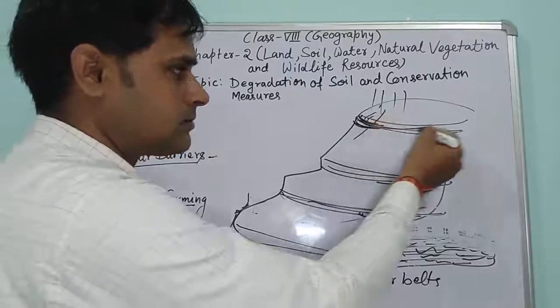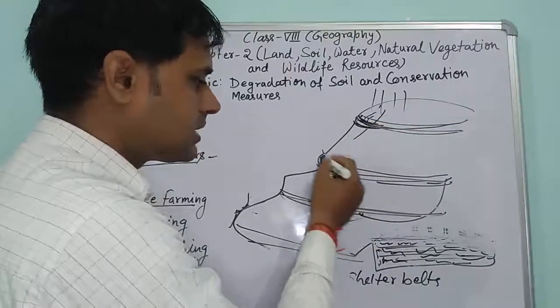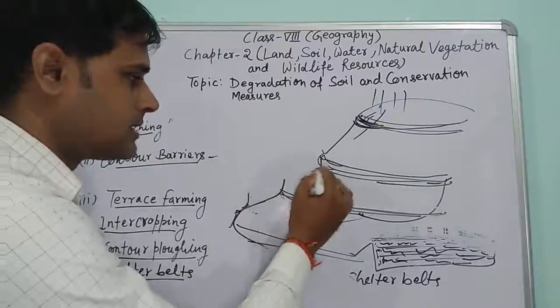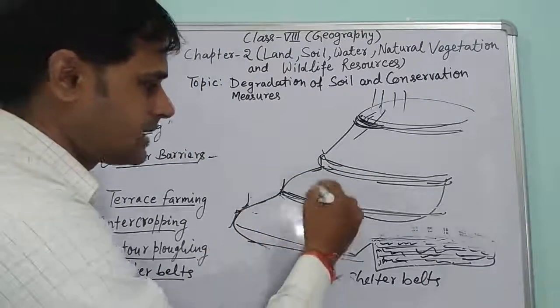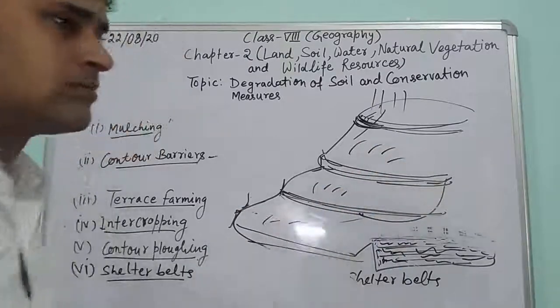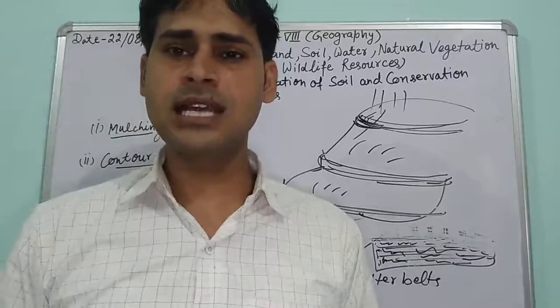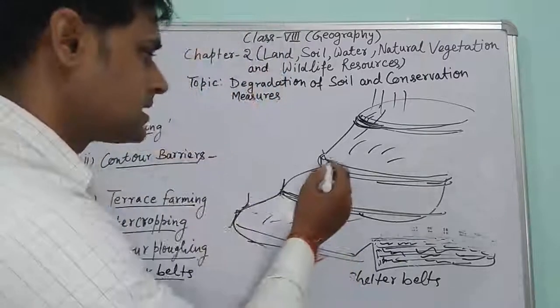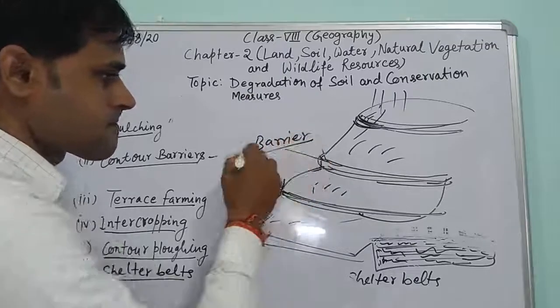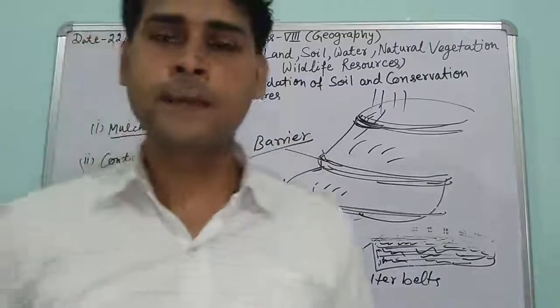So it makes contours here, means borders are made there, and here crops are grown. It is working just like a barrier. Okay, next.